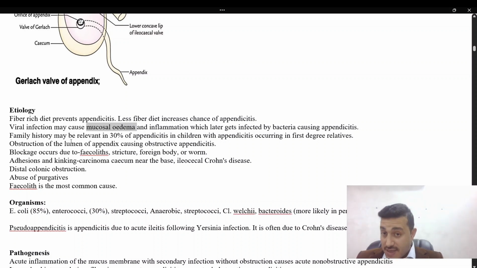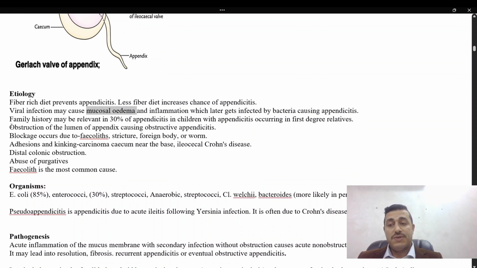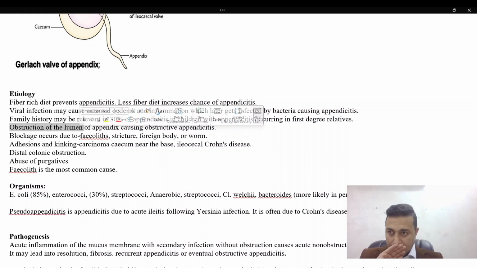There is a family history: 30% of children who present with appendicitis have a first degree relative with appendicitis. We said obstruction is one of the causes. Actually, appendicitis, we will discuss it later, can be mainly classified into obstructing and non-obstructing appendicitis.